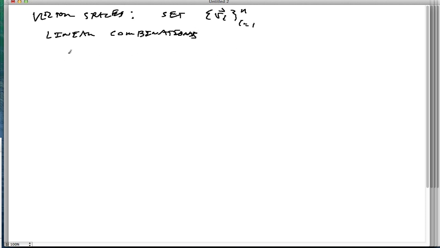So we can always create some vector out of sums of these vectors in this set. So I'll say c1 v1 plus c2 v2 plus c3 v3 dot dot dot plus cn vn. All right.